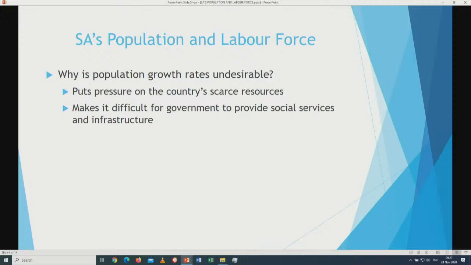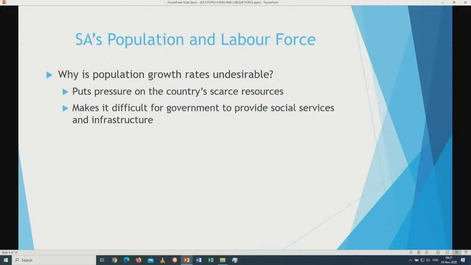If the population grows suddenly without the revenue of the government growing, you can imagine what's going to happen. The government will not be able to pay the child support grant. The government will not be able to pay a disability grant because the resources are scarce.